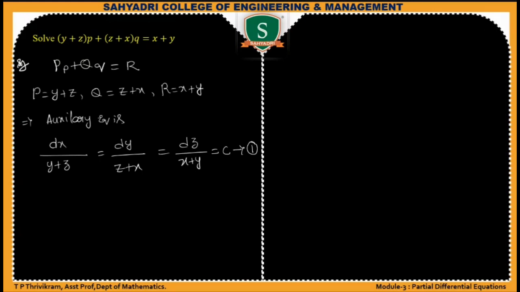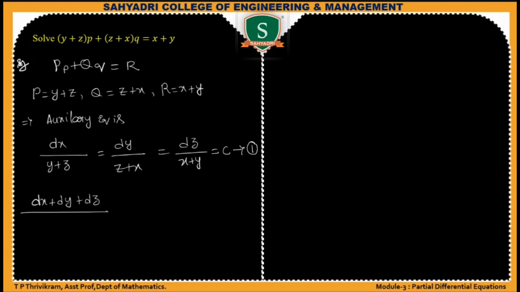So at that time what I will do is, we have one more property in ratio and proportions. Suppose this sum can also be written as sum of all numerators. Take the sum of numerators. What happens? dx plus dy plus dz divided by the sum of all these.